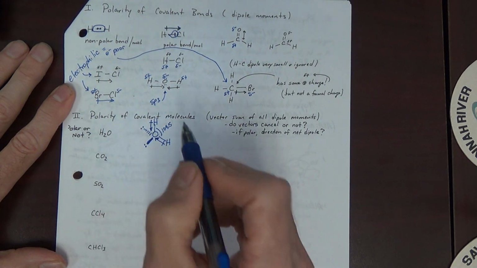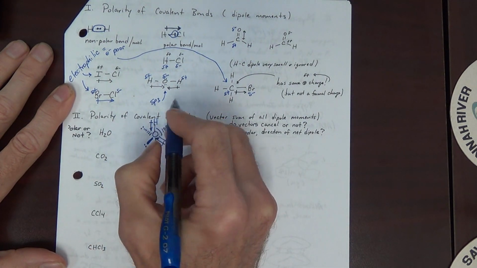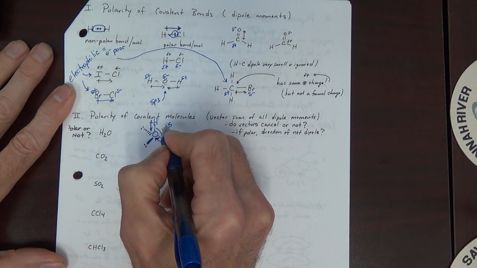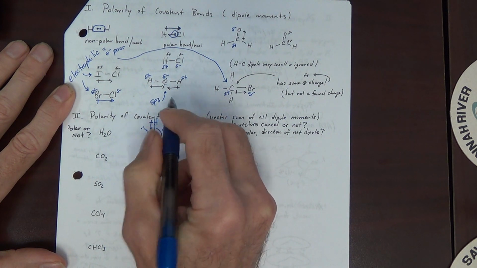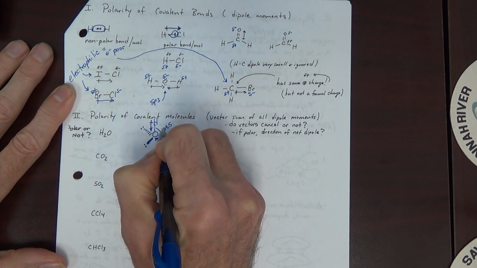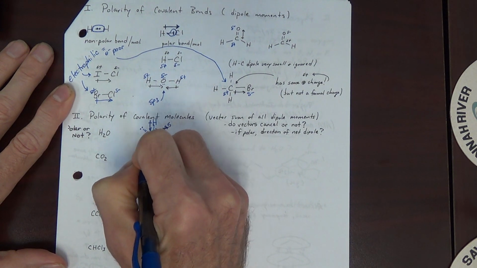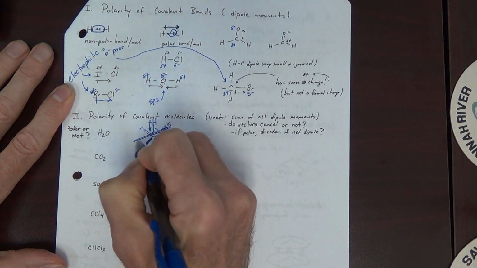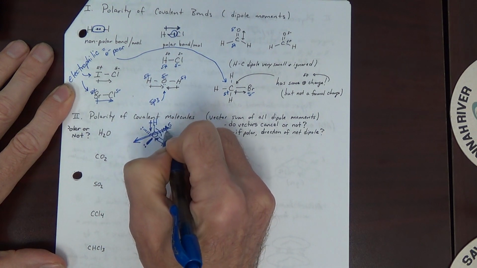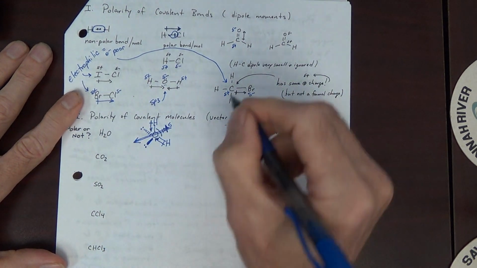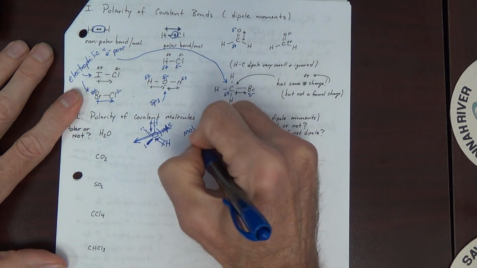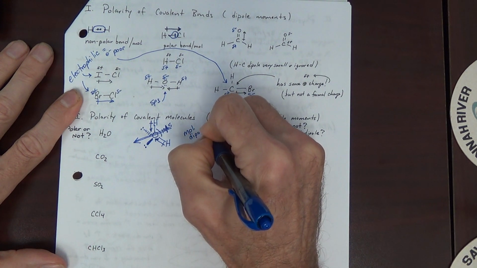These two vectors sum up to make one vector, or one dipole direction, the molecular dipole direction, so molecular dipole.